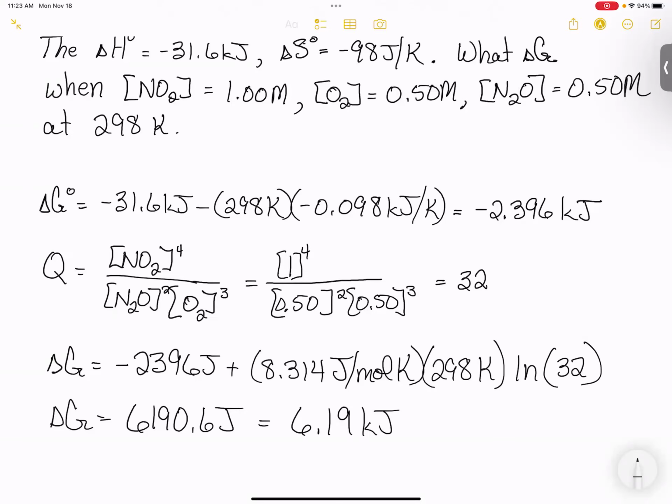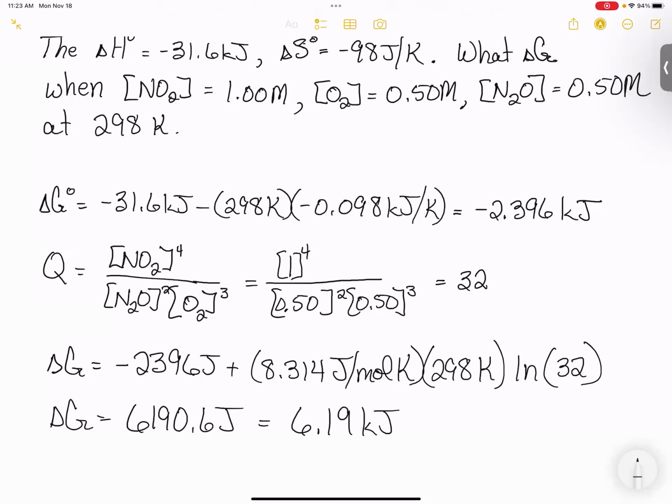This number doesn't come out to be 1, so it's not at equilibrium. Basically, anytime there's concentrations involved, suspect it's under non-standard conditions. You've got to prove it, but you can suspect it.